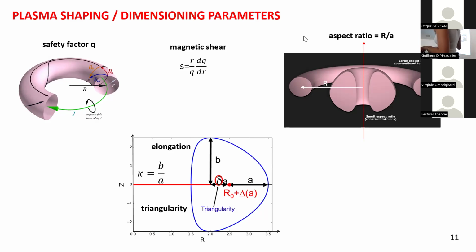The aspect ratio is the ratio between the big radius of the tokamak, from the magnetic axis up to the cross section, and the radius of the cross section of the torus itself. So here you can see a small aspect ratio tokamak, also known as spherical, and the large aspect ratio tokamak, which is similar to the tokamaks that we have nowadays. And last but not least, elongation and triangularity, which I already used.